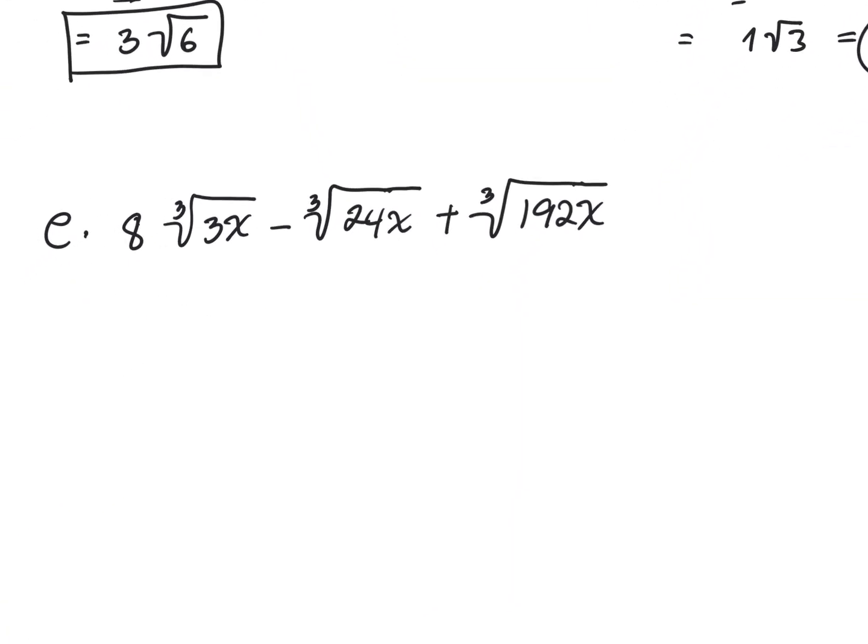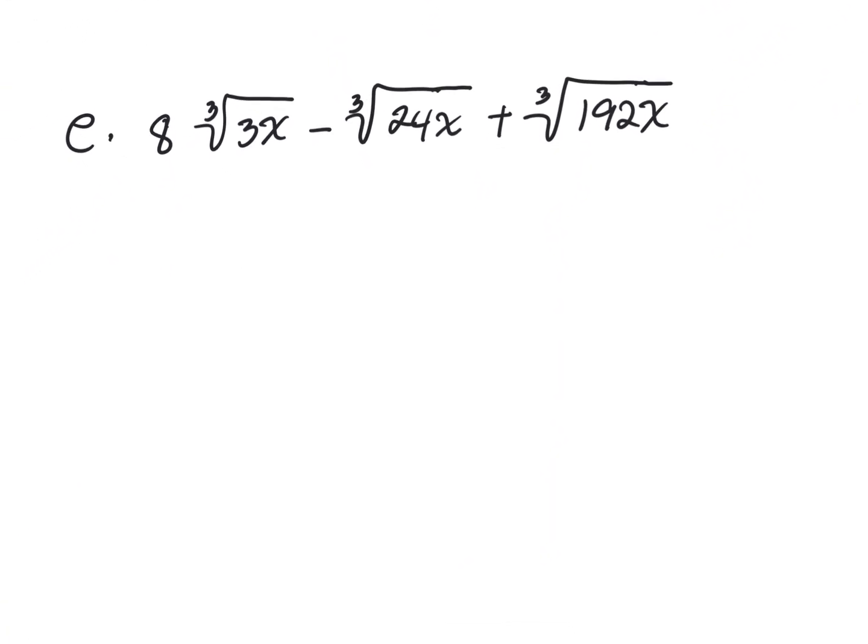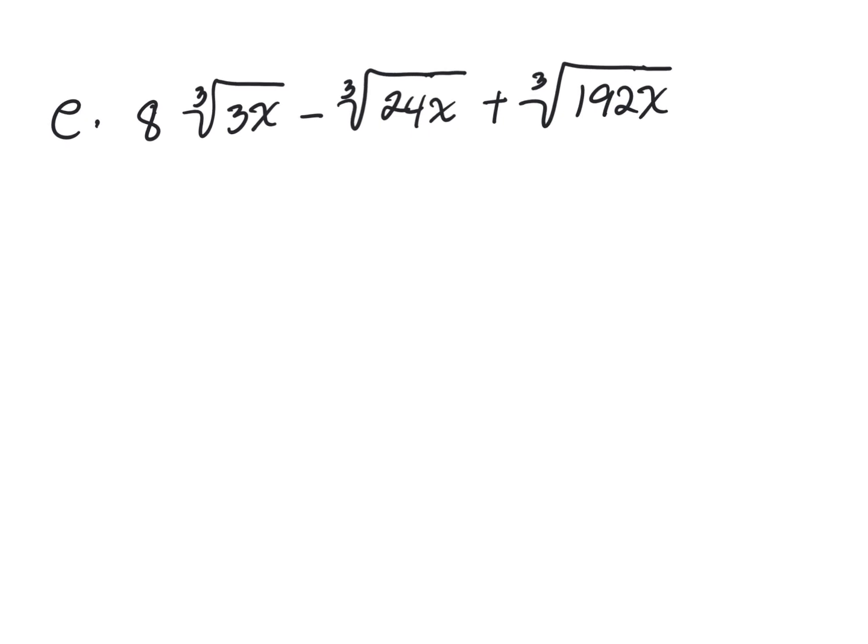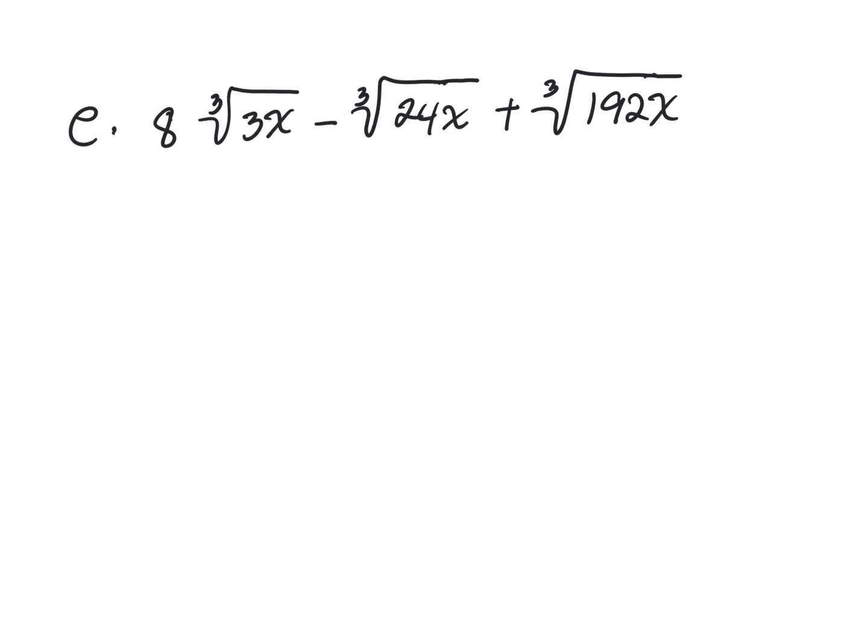Last but not the least, letter E, a cube root of 3x minus cube root of 24x plus cube root of 192x. So what we're going to do in here is to retain 8 cube root of 3x. It's simplified already. Here, 24x is going to be 8 times 3x.